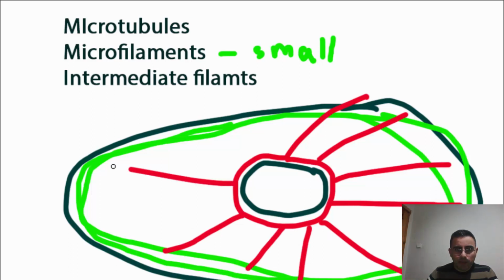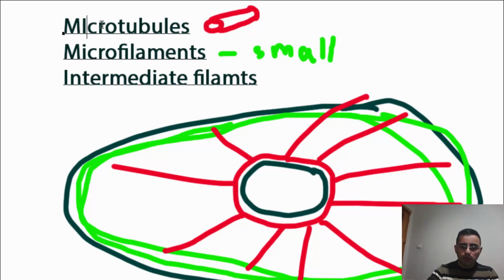Red. Microtubules, the name is microtubule because it has a tubular structure, hollow inside. It's tubular, so its name is microtubules.